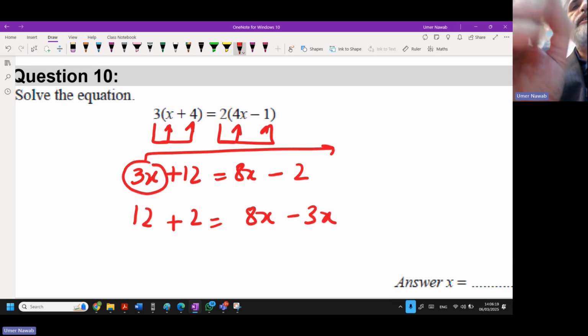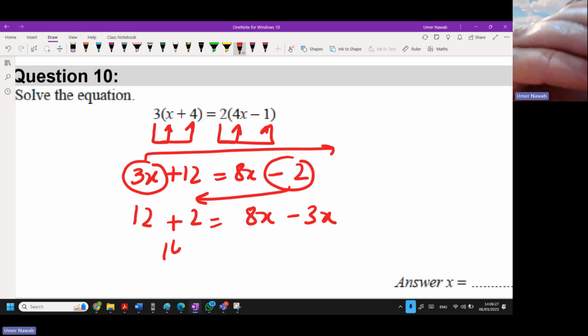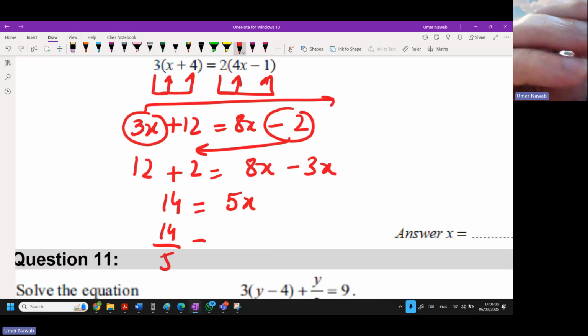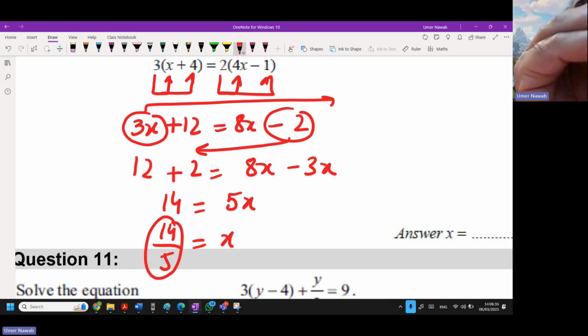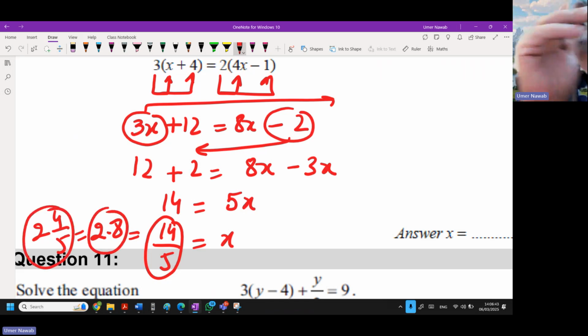So -3x and -2 will be shifted to the left. It becomes +2. So 12 plus 2, guys, is going to give me 14, and 8x minus 3x is going to give me 5x. And then I can write 14 over 5 is equal to x. You can write 14 over 5, or you can write 2.8, or you can write 2 whole 4 over 5. Any of the three options, you can write it.